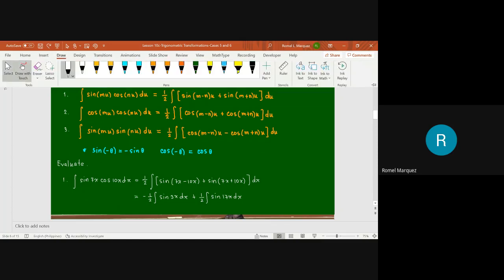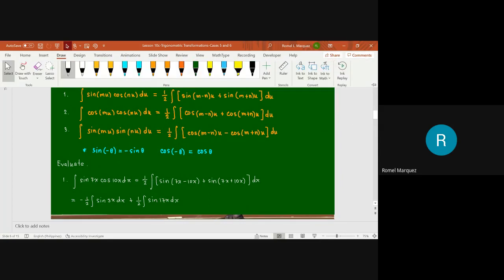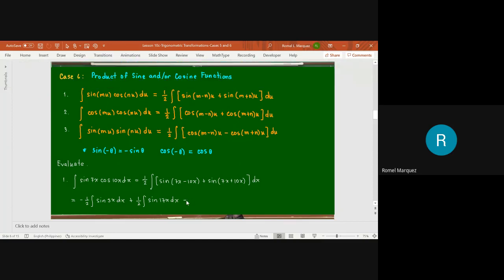Let me adjust this here because I won't have enough space. So I'm going to put positive 3 balanced by 1/3.